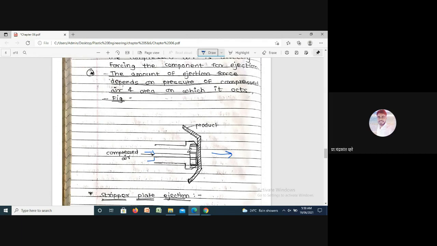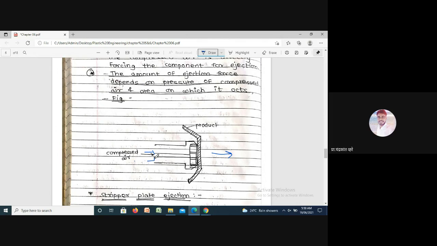Suppose the part has a weight of 10 kg, then by maintaining the area, we can increase or decrease the force. As we know how to calculate the force, while designing the cylinders we calculate the force.